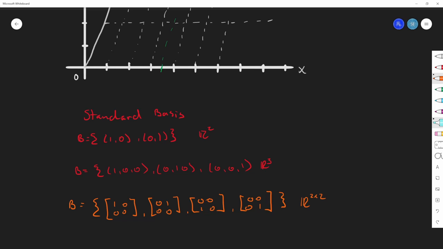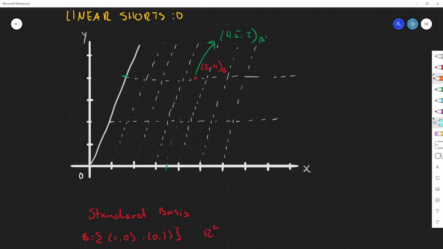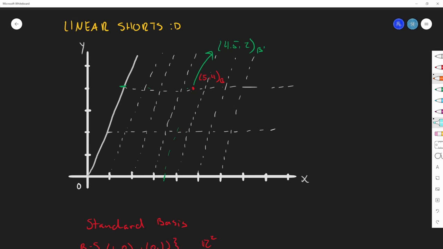Then I'm going to show you a cool little property when you're converting from standard bases to another base, or when you have a change of bases between, I guess I'll call it, a wacky basis and a standard basis. It could save you a lot of time, but this will only work when you have a standard basis involved. And that's pretty much it when it comes to change of bases and standard bases.